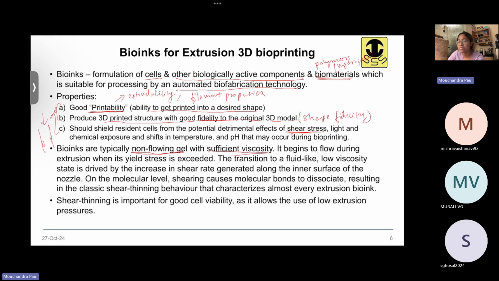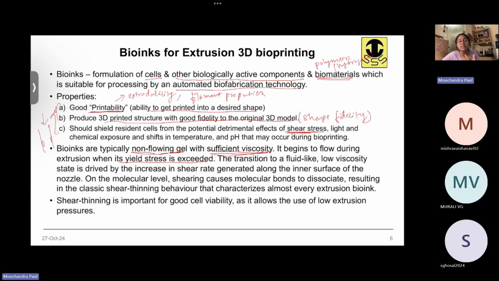They should have some level of viscous nature, and will only begin to flow when their yield stress is exceeded. Yield stress is defined as the minimum amount of stress that one needs to apply for the bioink to flow.